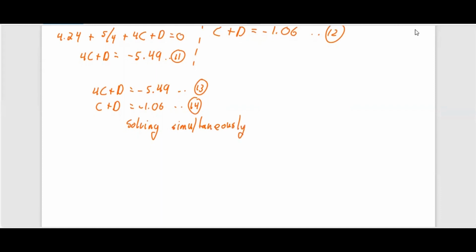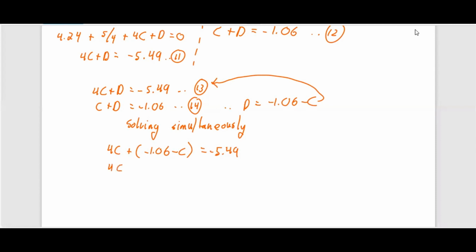So let's see. We can transpose 14 for C and plug it into 13, or we could transpose 14 for D and plug it into 13. I'll transpose it for D because that's the easier thing to do. So D will equal minus 1.06 minus C. And you put that into the one on top. So it'll be 4C plus open bracket minus 1.06 minus C, and that's equal to minus 5.49. Nice.